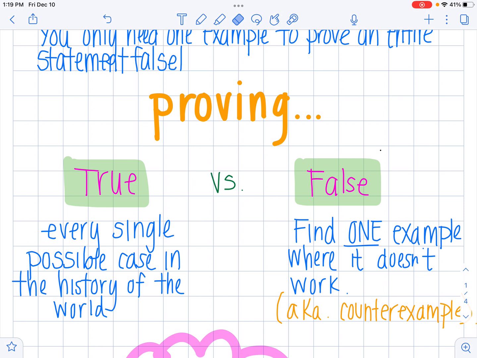But if I'm trying to prove something to be false, all I have to do is find one instance where my statement is not true and I've proved my whole statement false. So a lot of times it's easier to prove something to be false than to be true, because I only have to find one thing to prove it false, as opposed to looking at all scenarios for something that is true. So that one thing that's false that we're looking for is called the counterexample.